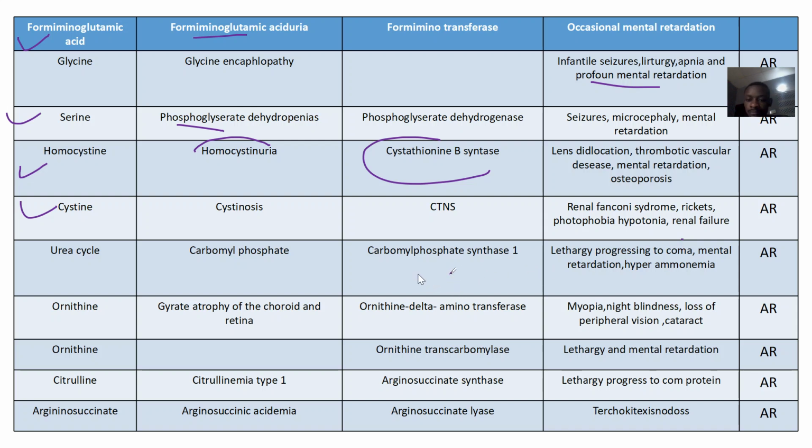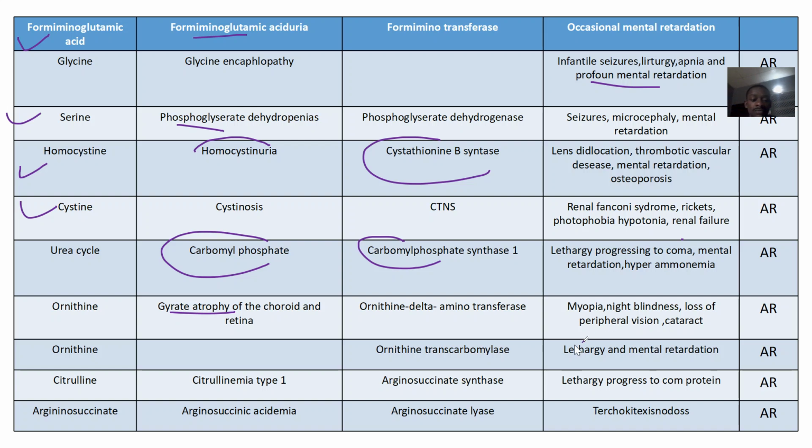So for the urea cycle ones, you can have deficiency of carbamoyl phosphate synthase 1. There's lethargy, progressing to coma, mental retardation, hyperammonemia. Then ornithine: there's gyrate atrophy of the choroid and retina. The enzyme deficient is ornithine delta-aminotransferase, with myopia, night blindness, loss of peripheral vision, cataracts.